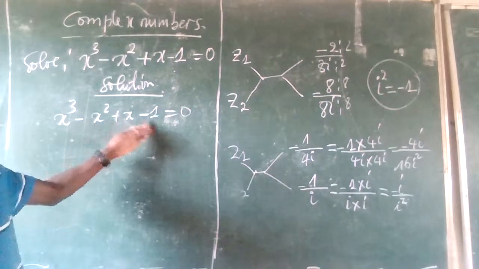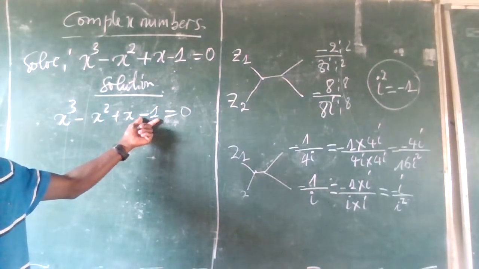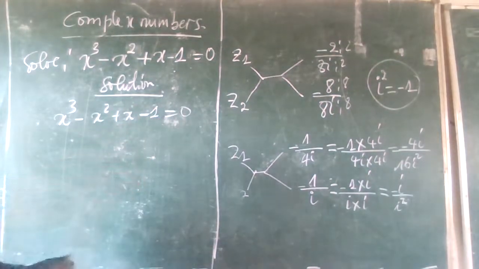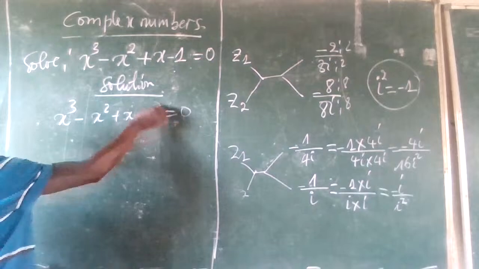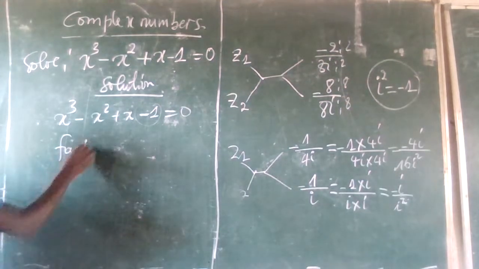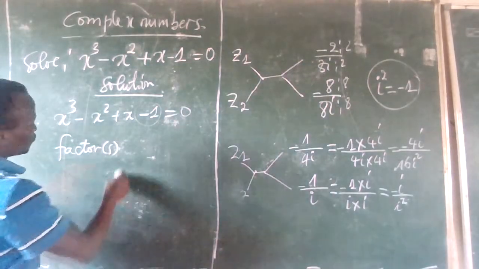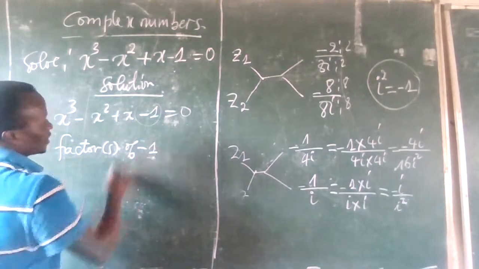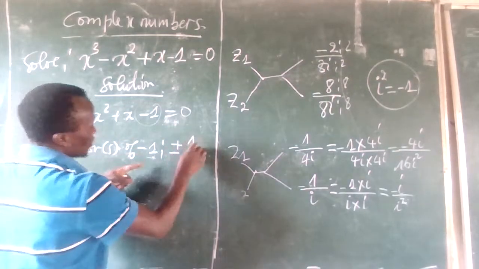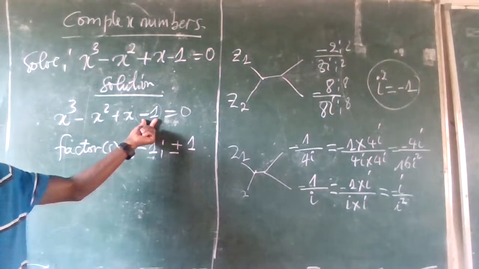It is better to find the factors of this minus 1, the numbers which should divide this minus 1. The factors are plus or minus 1.